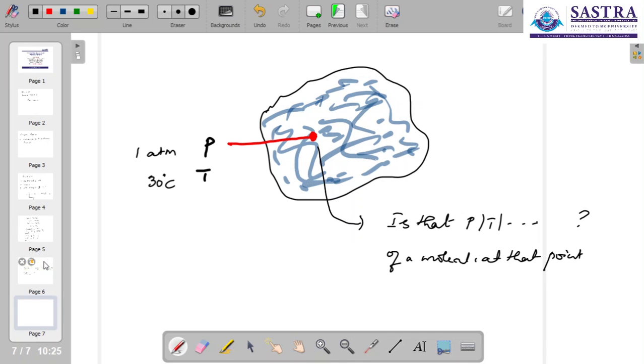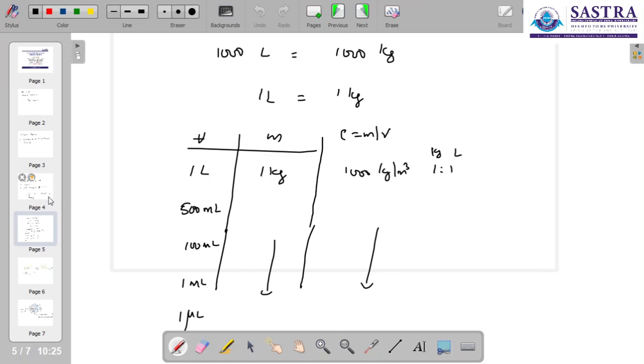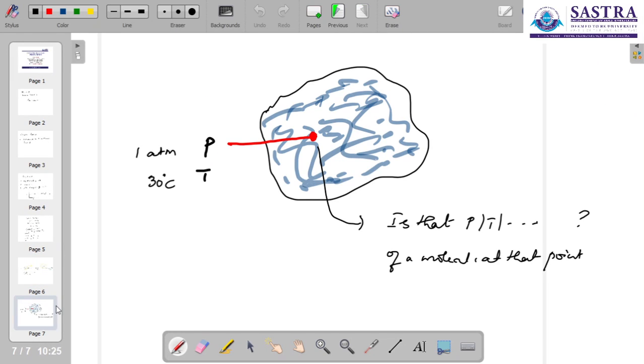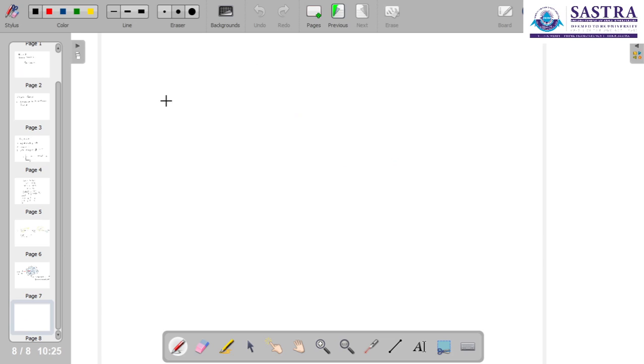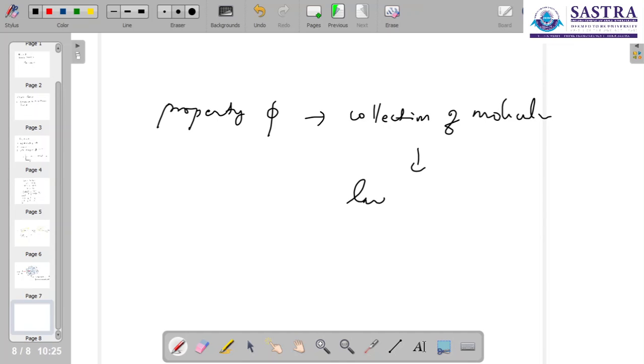Now if you think of both of these illustrations, measuring at a given point and also the ratios, like the one I have shown with respect to density, you will agree that we don't necessarily mean this quantity of a single variable, but the property, and this could be any property, corresponding to a collection of molecules, rather a fairly large collection of molecules, such that adding or removing some of those molecules is not going to affect any change in the property being measured.